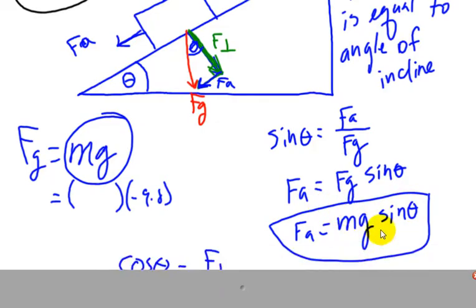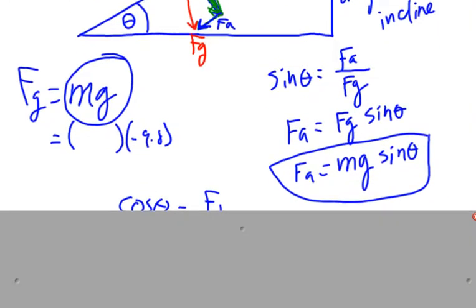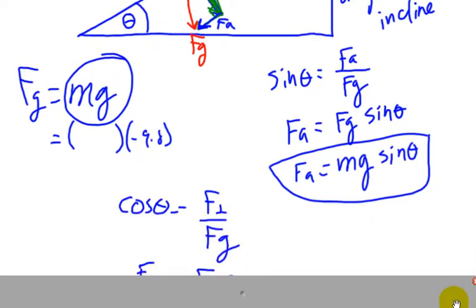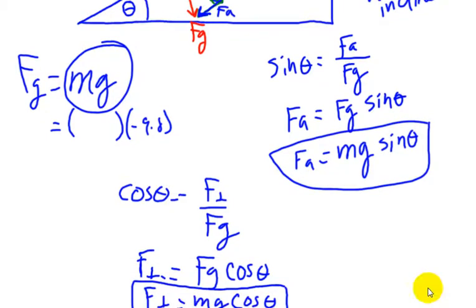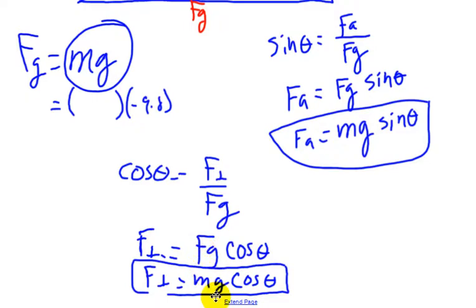So you could use this shortened version of the equation if you needed to. And also to find F perpendicular, this time it's the cos of theta. F perpendicular over Fg. And again, we can rearrange it. Fg times cos theta, where Fg, of course, is determined by mass times gravity.